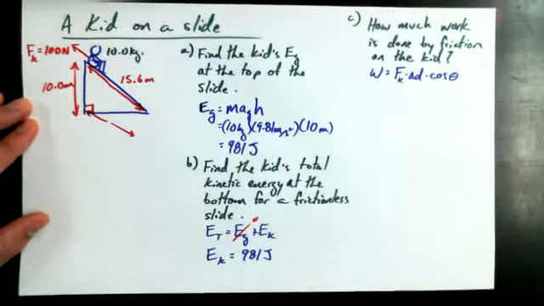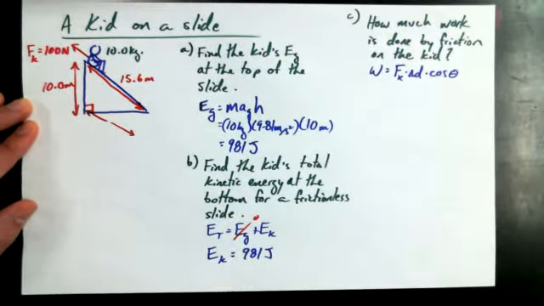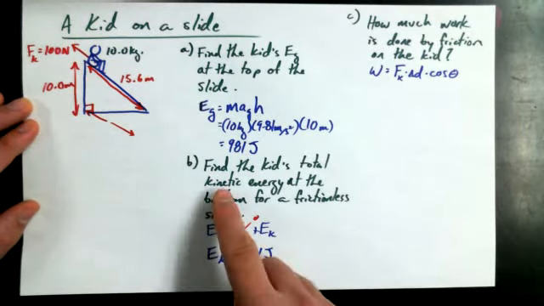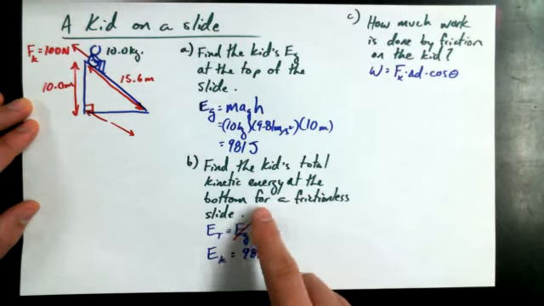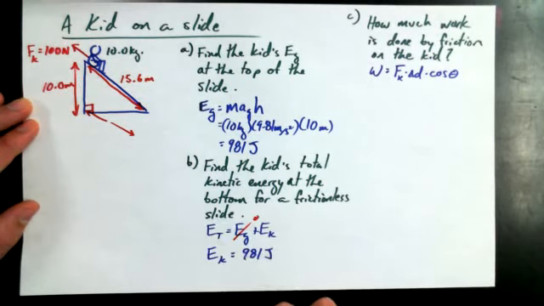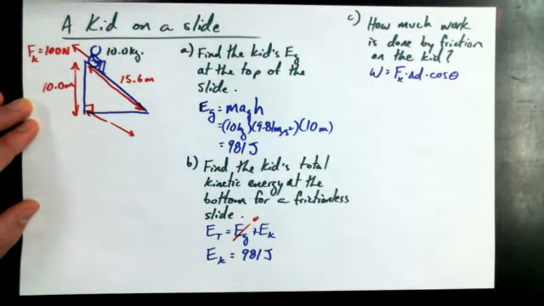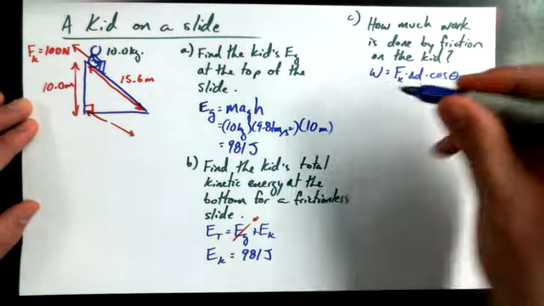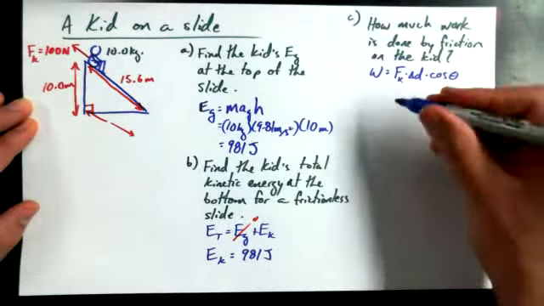So we could say that, oh no, we changed it. We said, find the kid's total kinetic energy for a frictionless slide, and then we said, oh, wait a minute, this is the real world. Let's bring it back again to reality, okay? So the friction we said is 100 newtons. Okay?